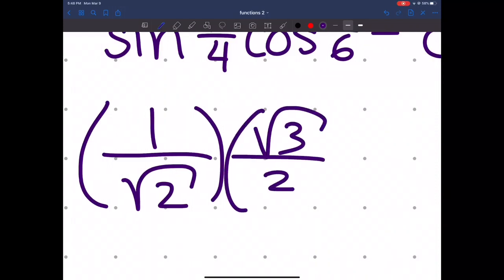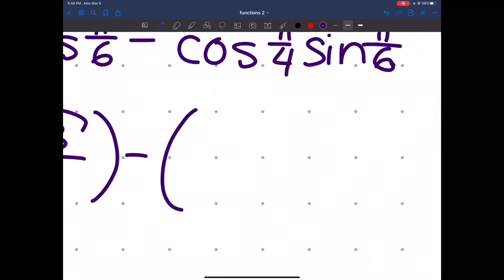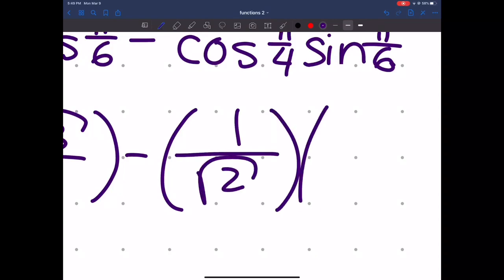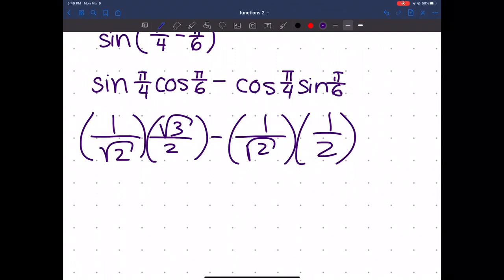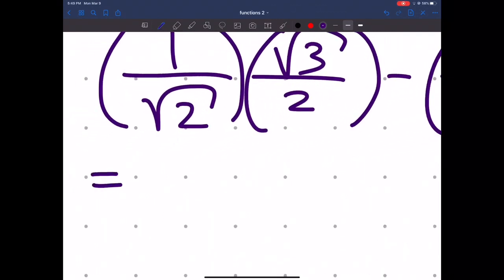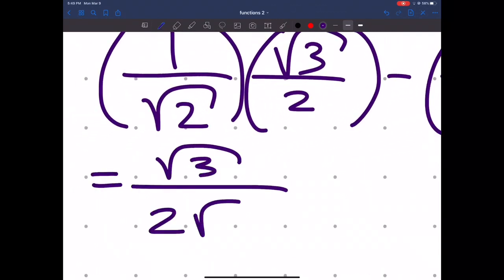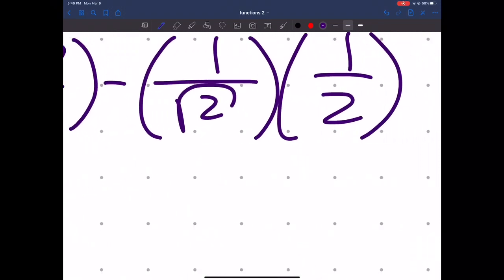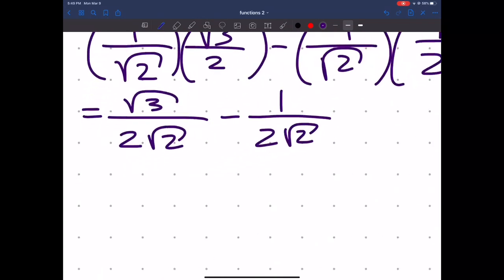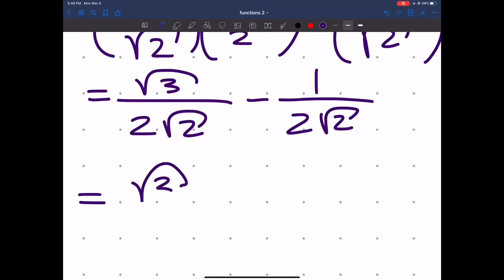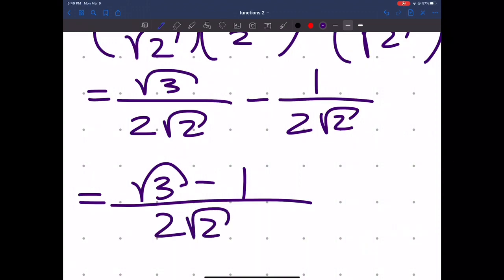Root 3 over 2 times root 2 minus 1 over root 2 times 1 over 2. So now that we have the exact values, we're just going to expand and simplify it. So that gives us root 3 over 2 root 2 minus 1 over 2 root 2. Because they have the same common denominator, we can easily write this as root 3 minus 1 over 2 root 2.